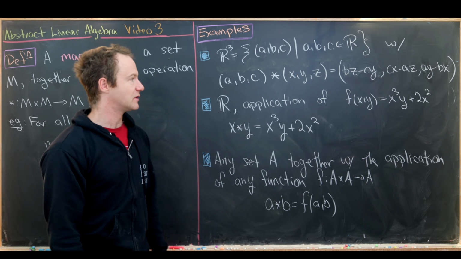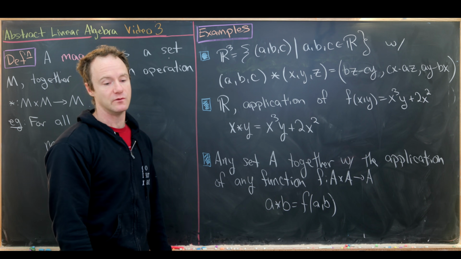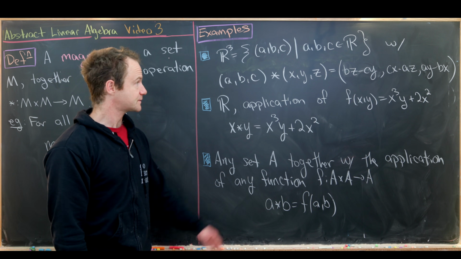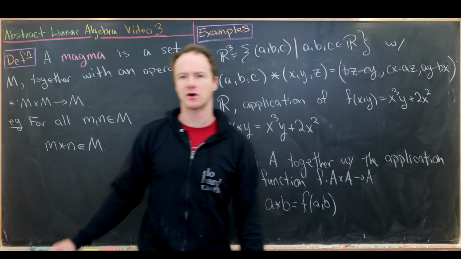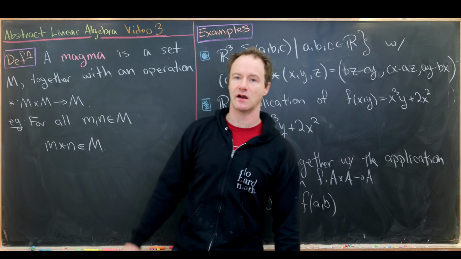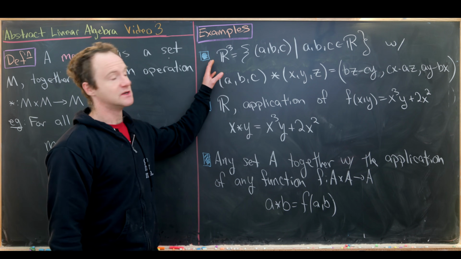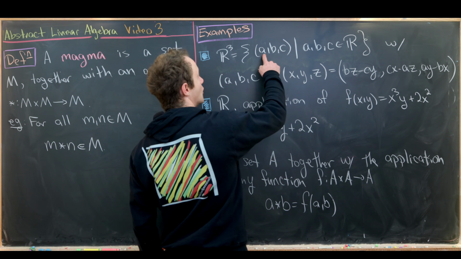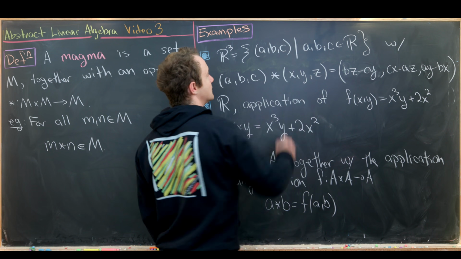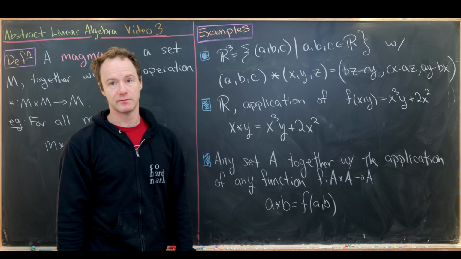So let's look at a couple of examples of magmas before we move on to our next structure. So the first will be R3. Well, maybe before we get started, notice we need to define a set and an operation in each case. So first of all, our set will be R3, that's all ordered triples (a, b, c) where a, b, and c are real numbers.